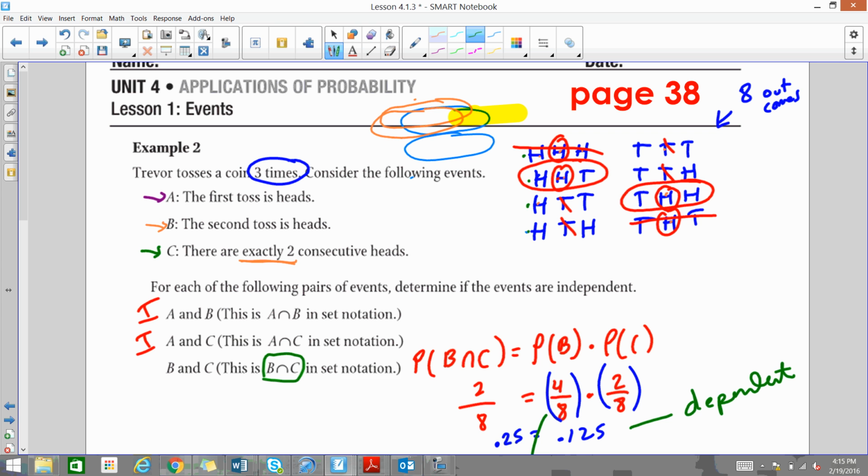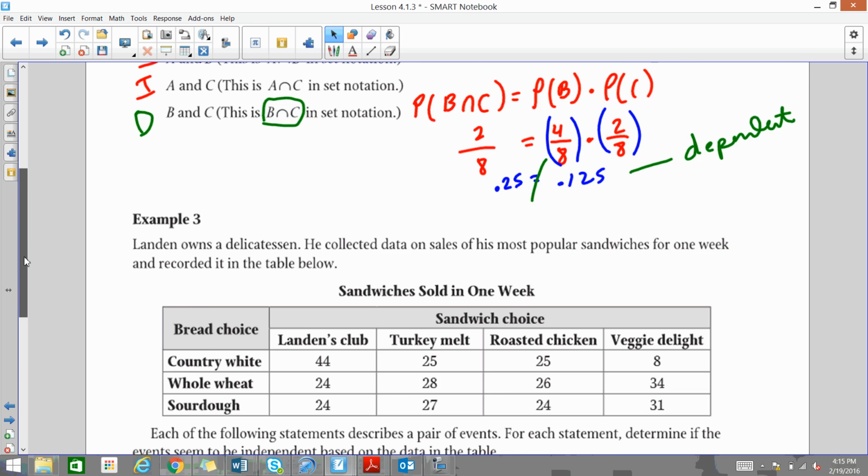So this one is a dependent event. So B and C, the second toss is heads, is going to have a dependent effect on having exactly 2 consecutive heads. These are 2 dependent events here. So we can see that and think about it, but you can also see it algebraically that they're dependent on each other.